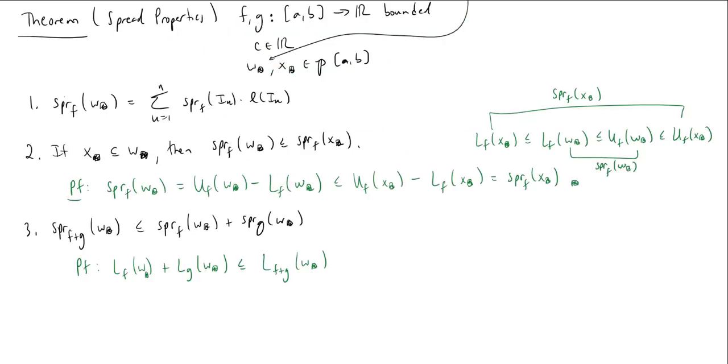This is less than or equal to the F plus G lower sum. Of course, every lower sum is less than or equal to every upper sum. But now the upper F plus G sum is less than or equal to the sum of the F upper sum and the G upper sum.